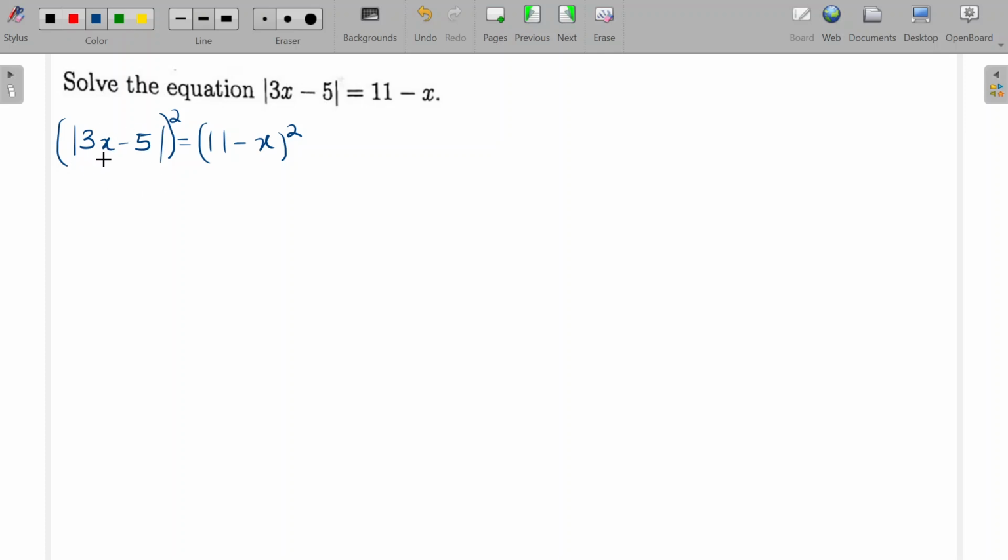It's more like the modulus is going to multiply with the modulus. As a result, you're going to have 3x minus 5 multiplying with 3x minus 5 is equal to 11 minus x squared. Are we together?